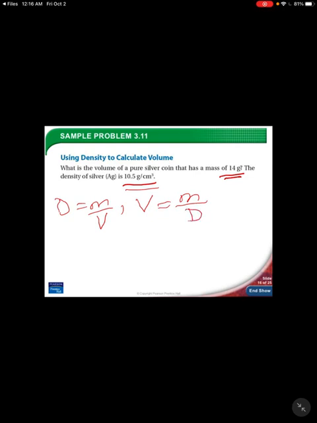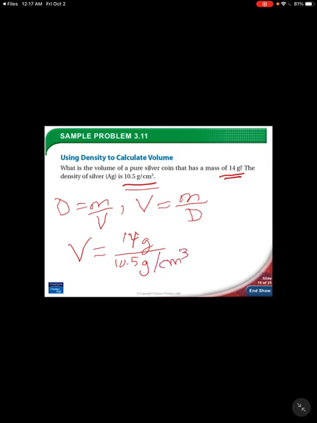So I can use this equation and rearrange to solve for different values. In this case, my volume would be equal to the mass, 14 grams, divided by my density, which is 10.5 grams per cubic centimeter.